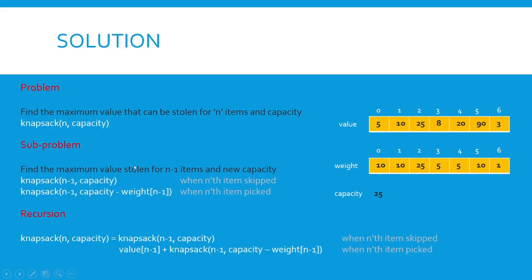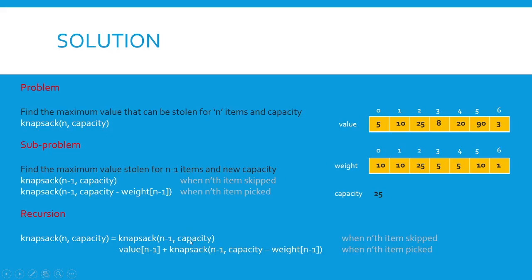Now the way we can write the recursion is: knapsack of n, capacity is equal to knapsack of n minus 1, capacity. What this means is that when he skips the item, we just ignore that item, and the capacity remains the same for the rest of the items. If he skips the 7th item, he has to live with the rest of the 6 items, with capacity intact.